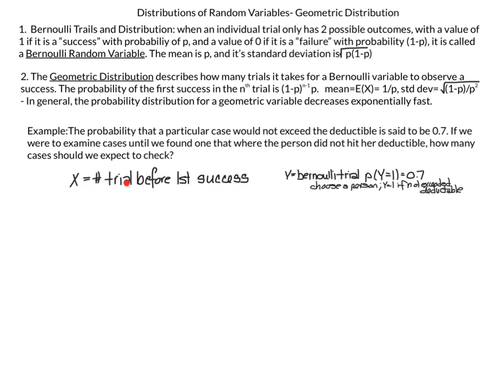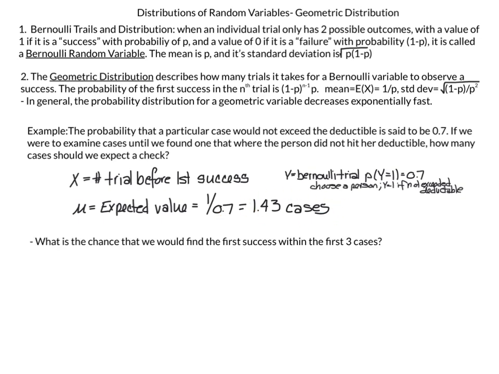How many cases should we expect? That's our expected variable, or our mean of how many we expect to have to look at. So that's our mean of our geometric distribution. The mean of our geometric distribution is 1 over p, so it's 1 over 0.7, which is 1.43 cases.